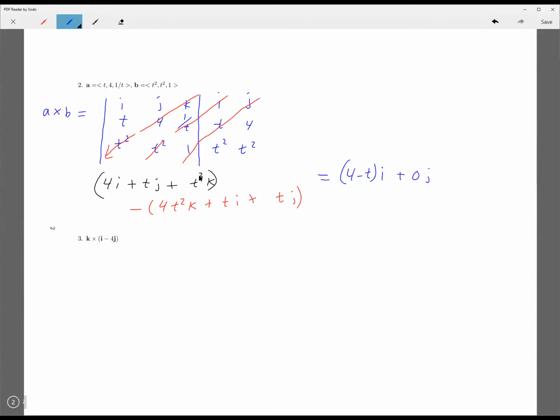And then you have T cubed k minus 4T squared k. So you got that. And then you can put it in as 4 minus T, 0, and T cubed minus 4T squared. Okay, so let's see if that works.